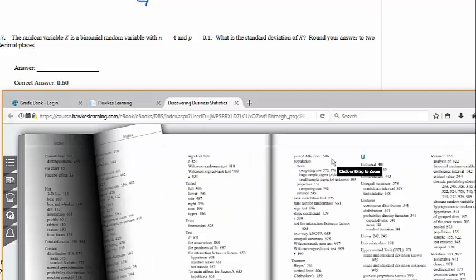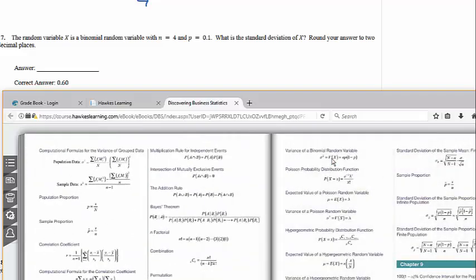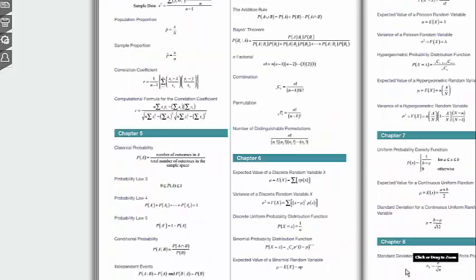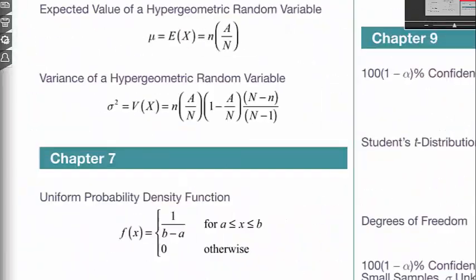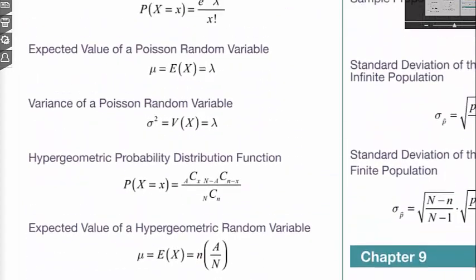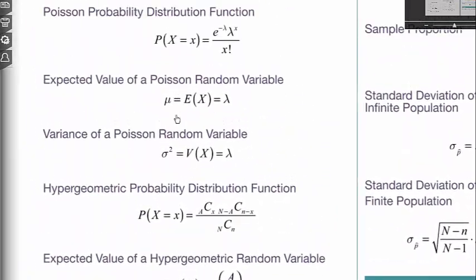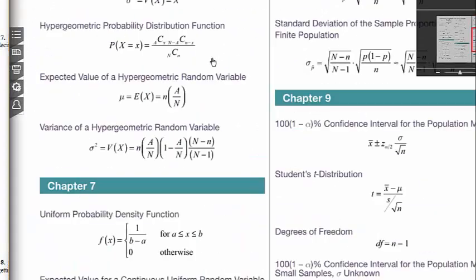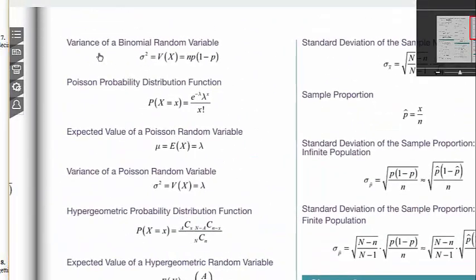I know it's a binomial, so let me zoom in on this a little bit so that we can get it. There it is. The variance of a binomial random variable is np(1 minus p).